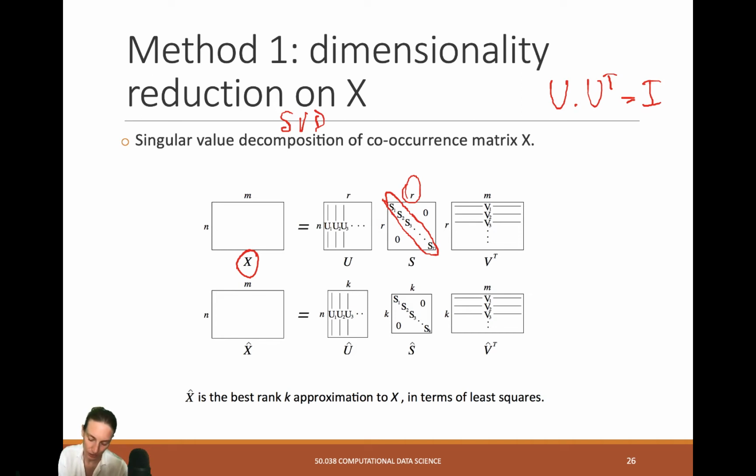Therefore, we are going to reduce the rank and create an approximation X hat, which is the best rank K approximation to X. So we're reducing the rank from R to K. Now, in doing so, we're going to basically cut off part of this U and cut off part of V as well, and of S.